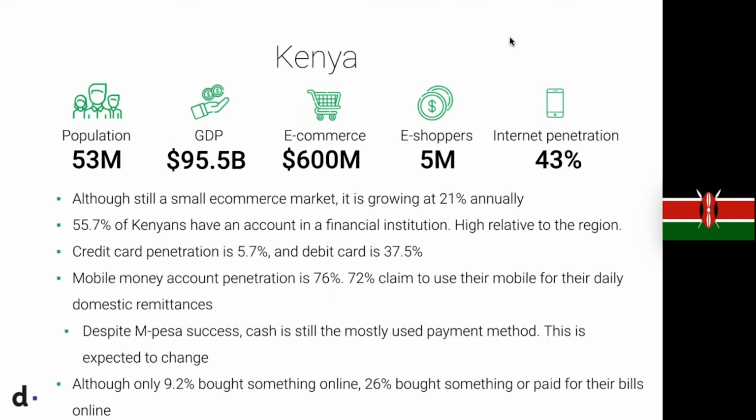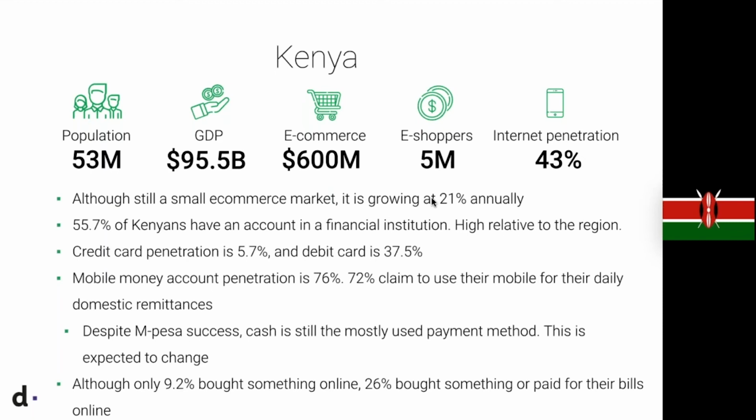In terms of market share in the financial services space, mobile money accounts for about 76% of what happens amongst the populace of Kenya, while bank accounts account for 55.7%. That's out of a population of 53 million people.